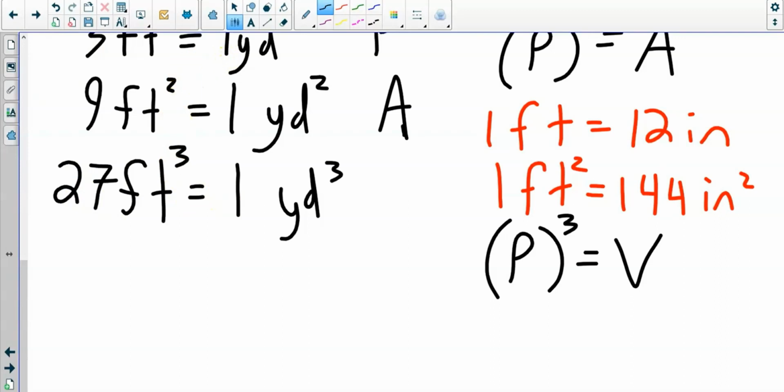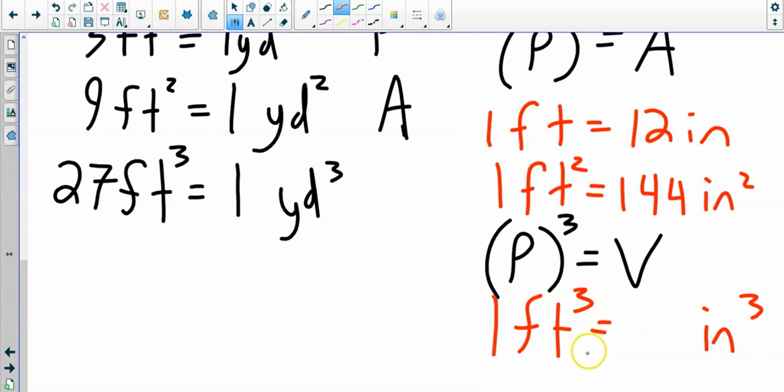If you look on our sheet, we do not have a relationship of feet cubed to inches cubed, but we can make it. All we need to do is take the perimeter and cube it. So what's 1 cubed? 1.